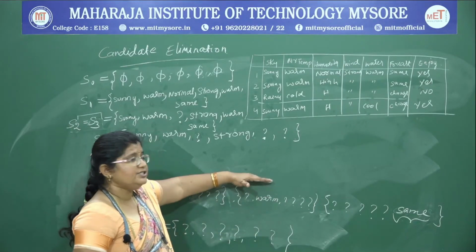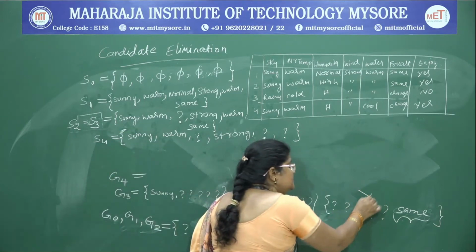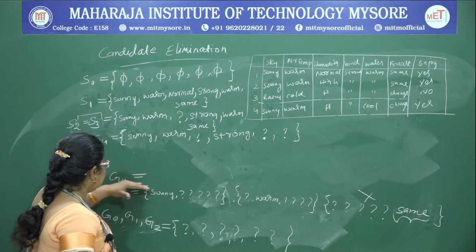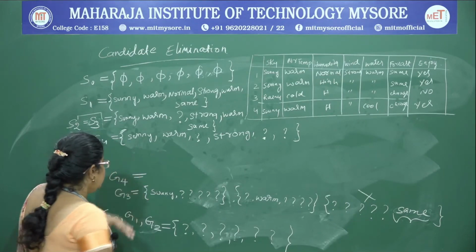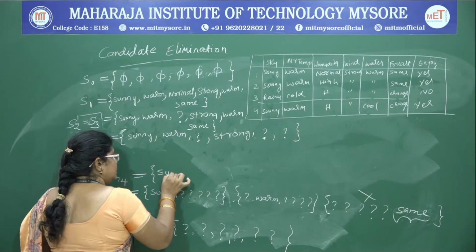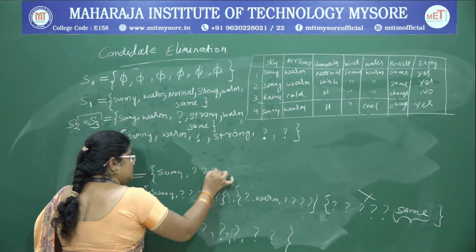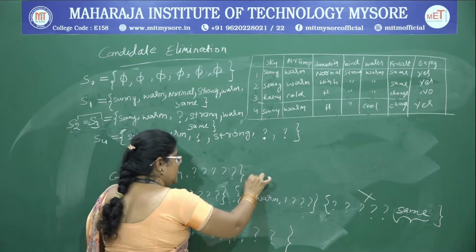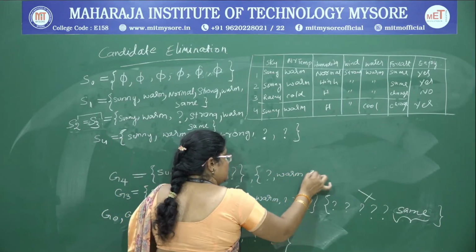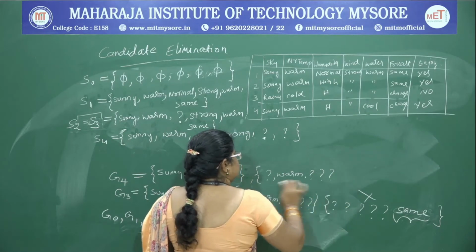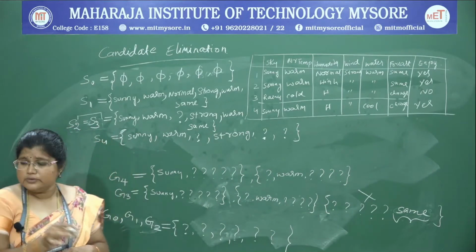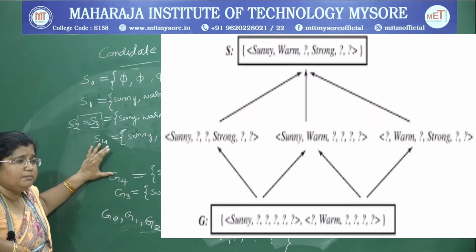So, further we are generalizing by removing this particular hypothesis, and we create a version space boundary of general G4 by considering only these two training examples. Sunny, question mark. Next, it is question mark, warm, question mark. So, now this is the version space boundary.